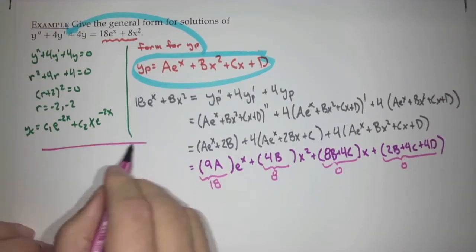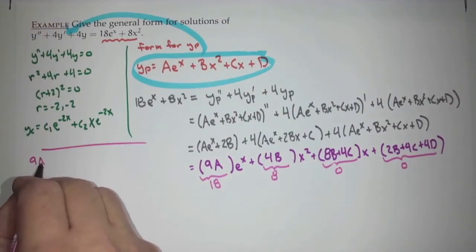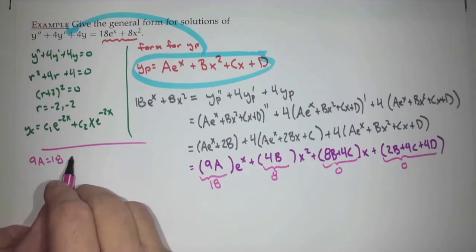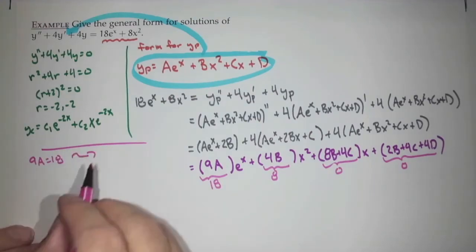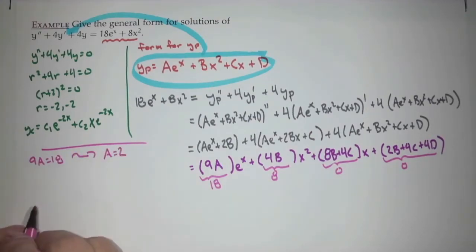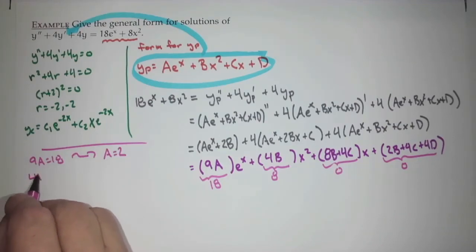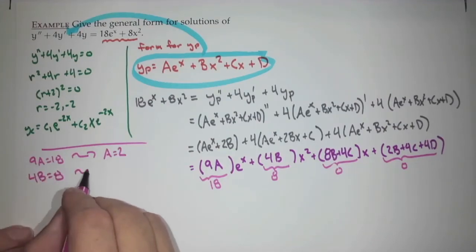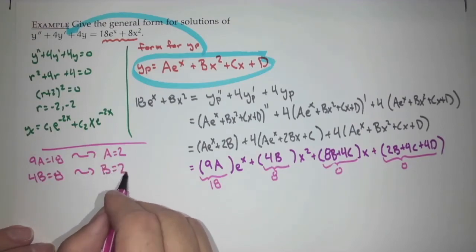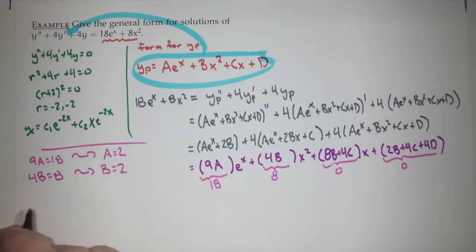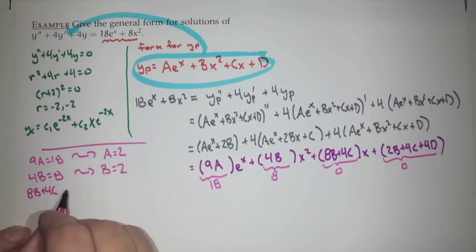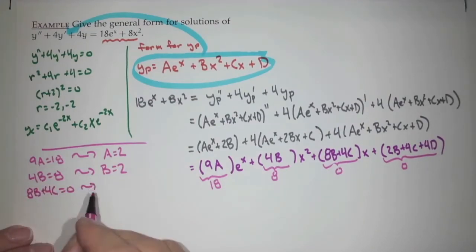Let's try it. The first equation says 9a equals 18. What does that let us conclude? We're pretty good at that one. Next one says 4b equals 8. b equals 2. Wow, it's very 2-y so far. Next one should be slightly more interesting: 8b plus 4c equals 0.